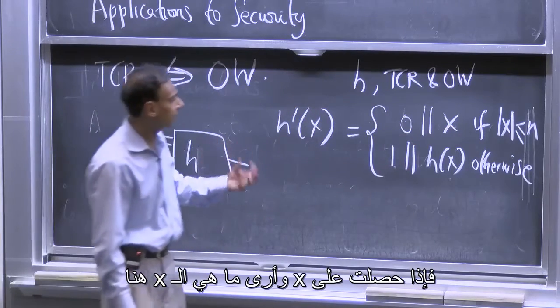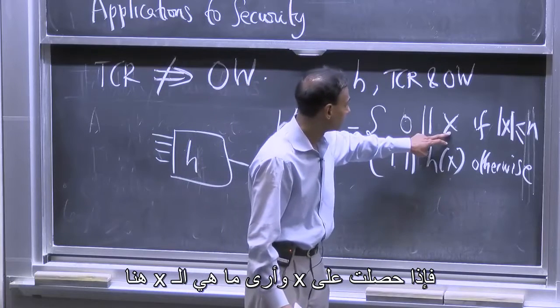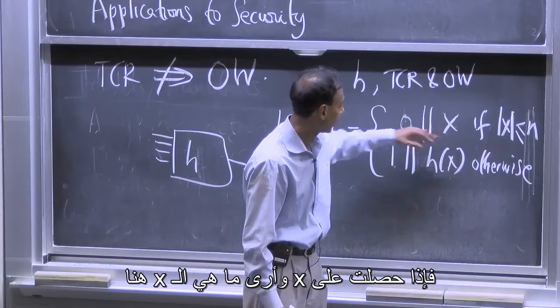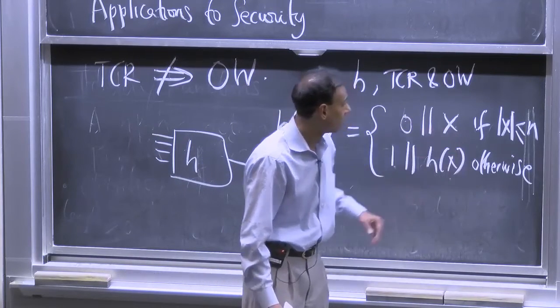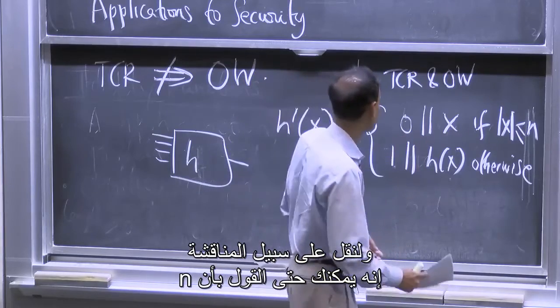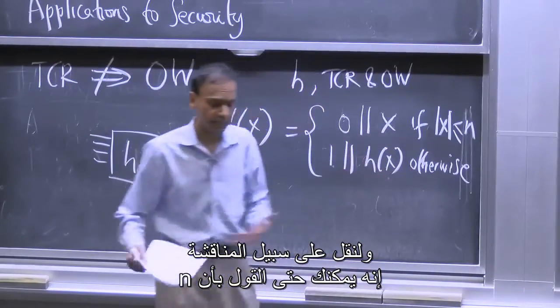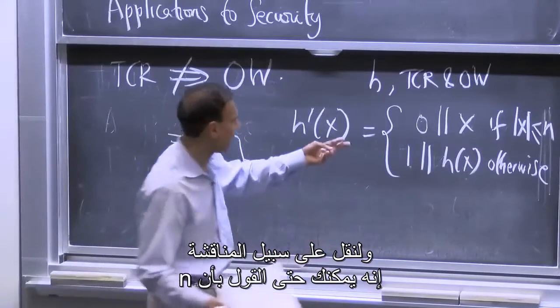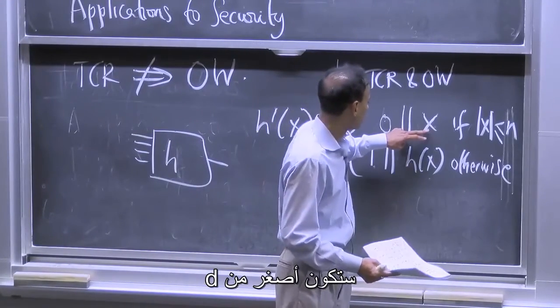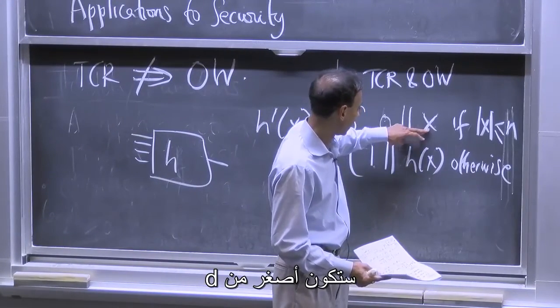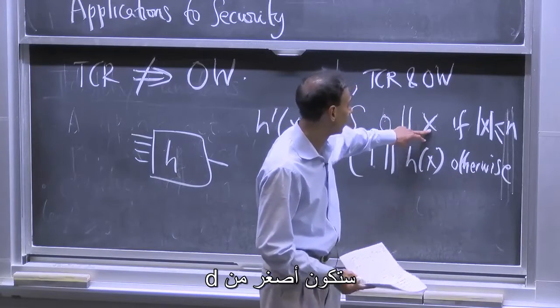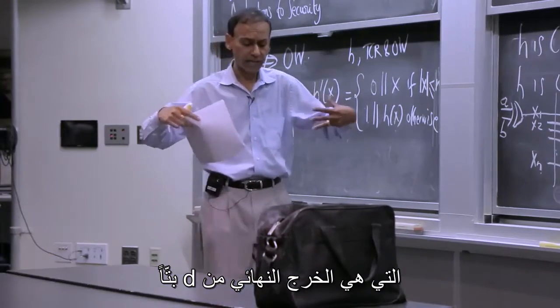And so if I get an x and I see what the x is out here, and let's just say for argument's sake that n is going to be something less than d, which is the final output which has d bits.